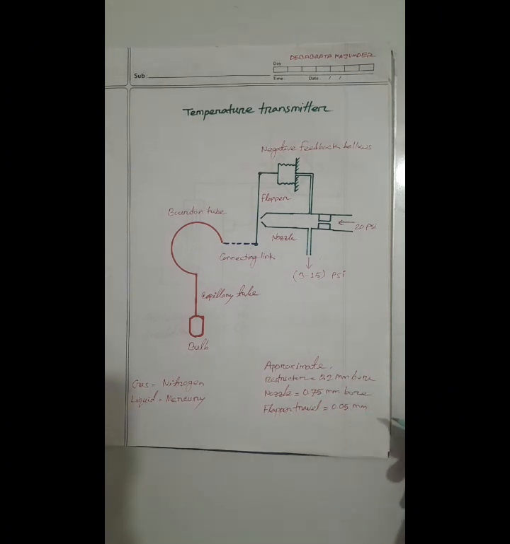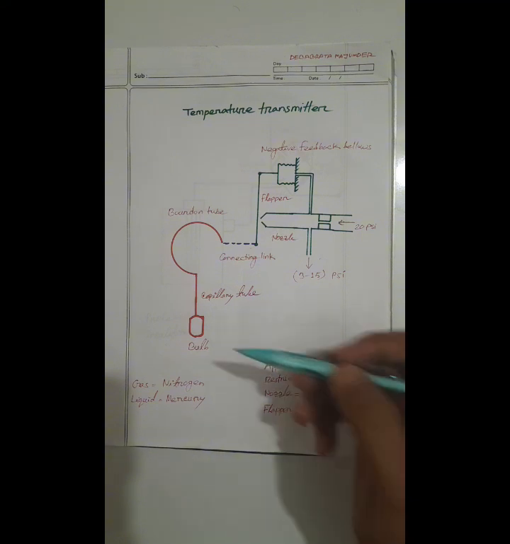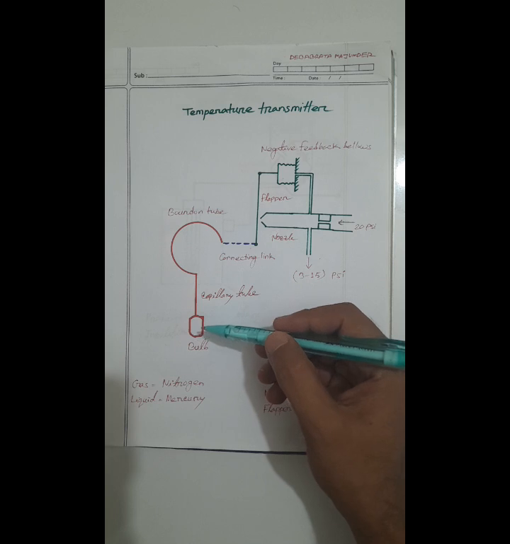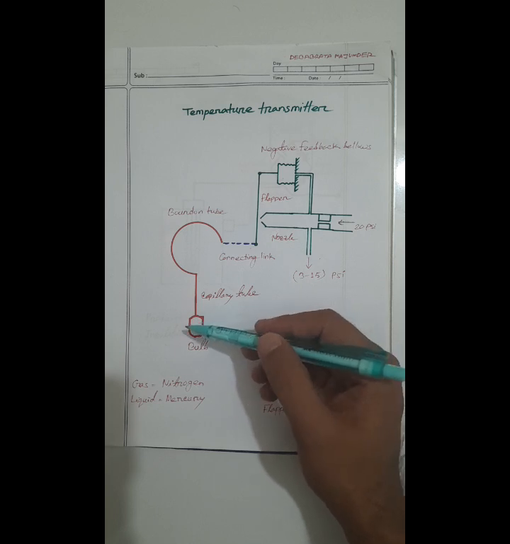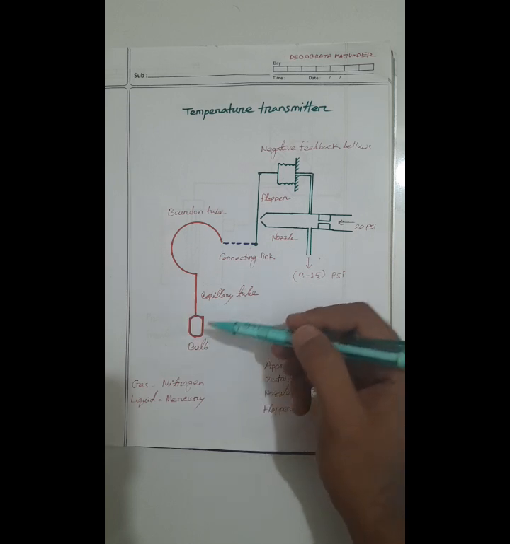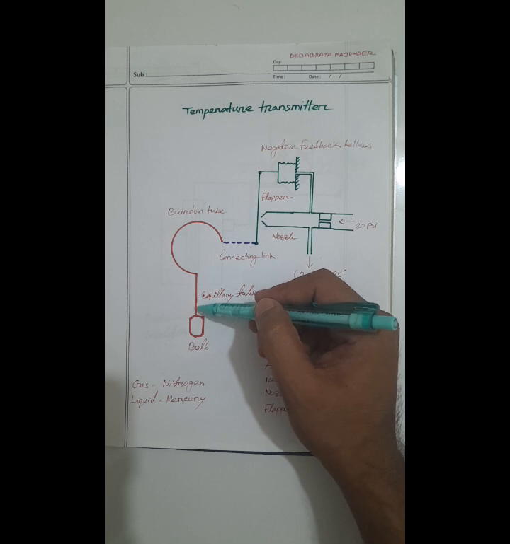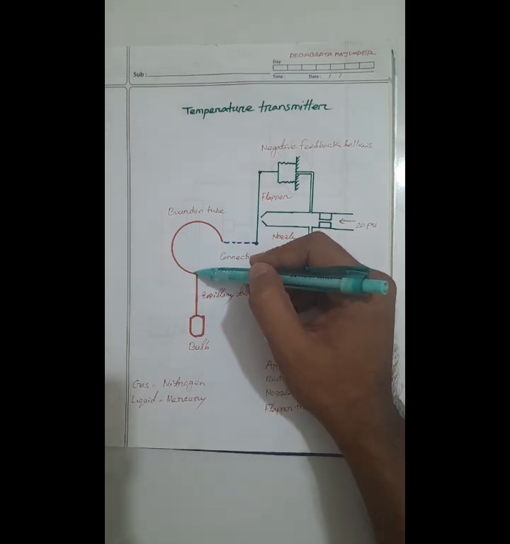This is the figure of the temperature transmitter. First of all, we need to familiarize ourselves with the components. This is the bulb, which is situated inside the tank. This is the capillary tube. This is the Bourdon tube.